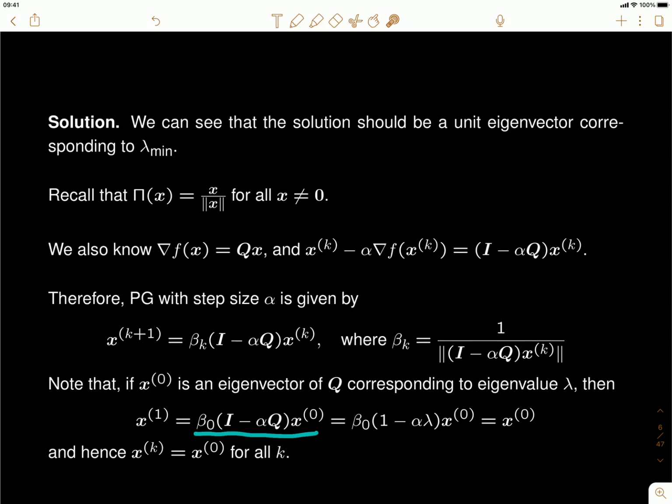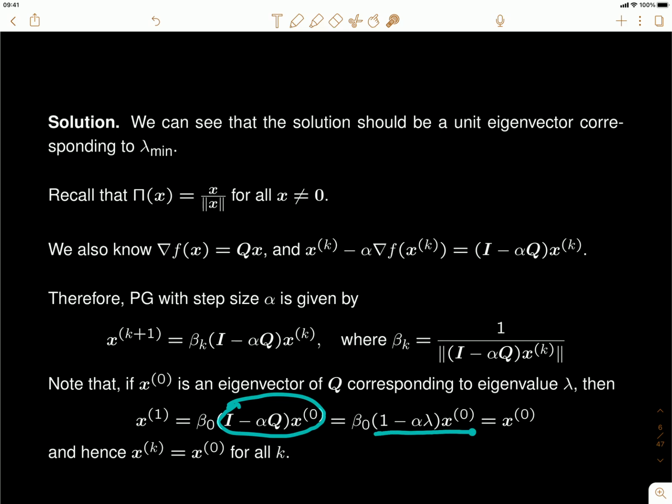And because x0 is an eigenvector corresponding to the eigenvalue lambda, we know that this applied to x0 will be just x0 minus alpha lambda x0, which will be this, right?